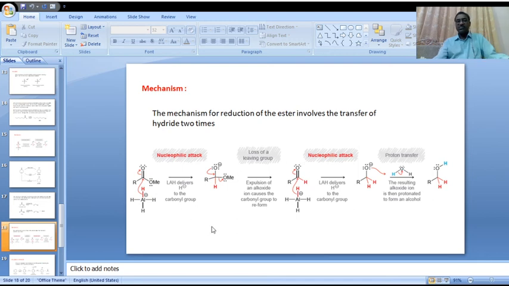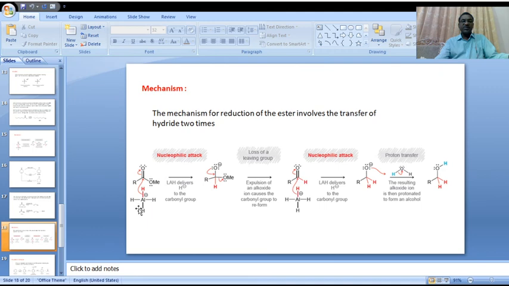Mechanism part of that particular reaction. Here please observe. The mechanism for reduction of an ester involves the transfer of hydride two times. Here please concentrate.